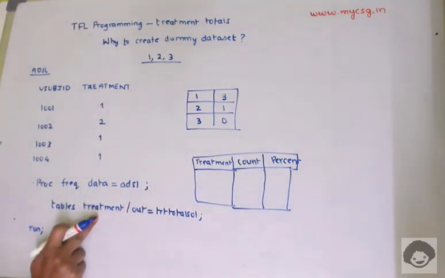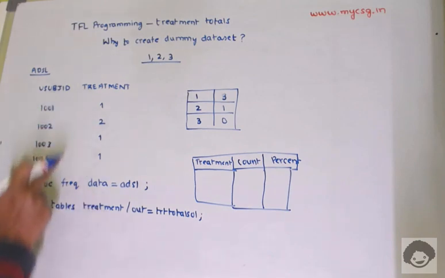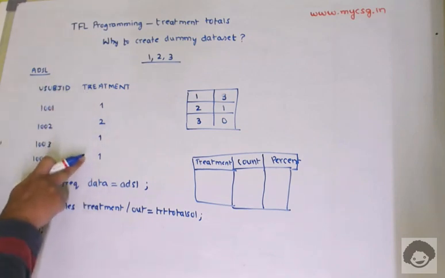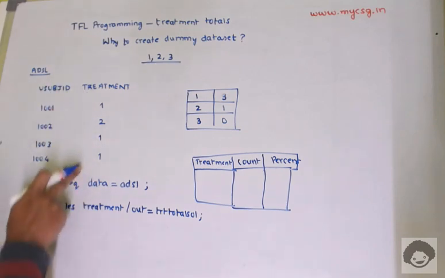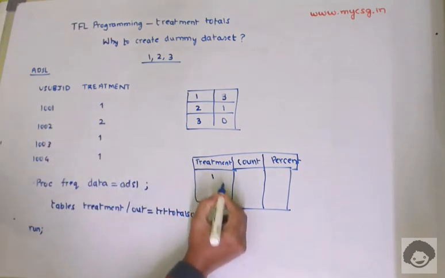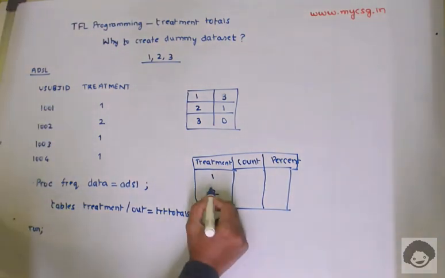So how does PROC FREQ work? It gives us the total number of records within each unique value seen in the treatment variable. How many unique values do we have in this treatment variable? We only have 2: the first one is 1 and the second one is 2. So it will create a row for each unique value present in the input variable specified on the TABLES statement.